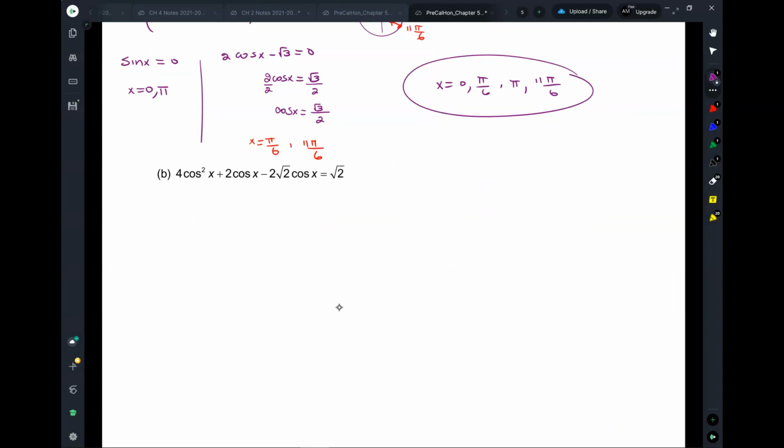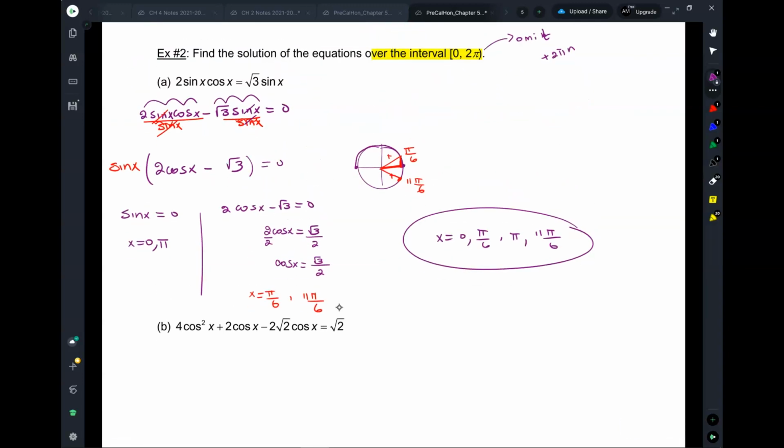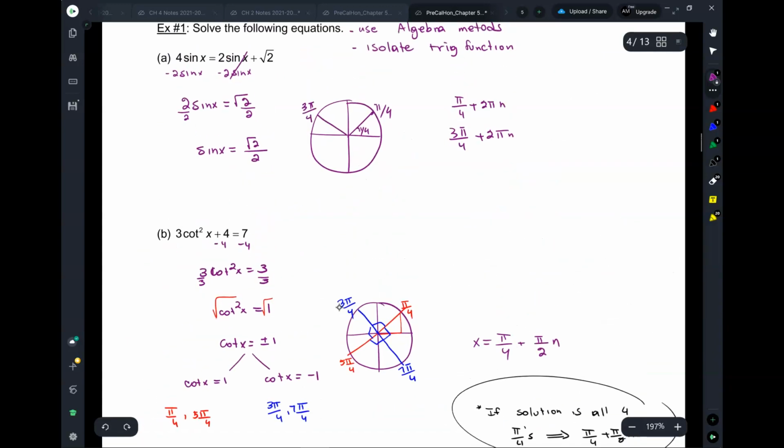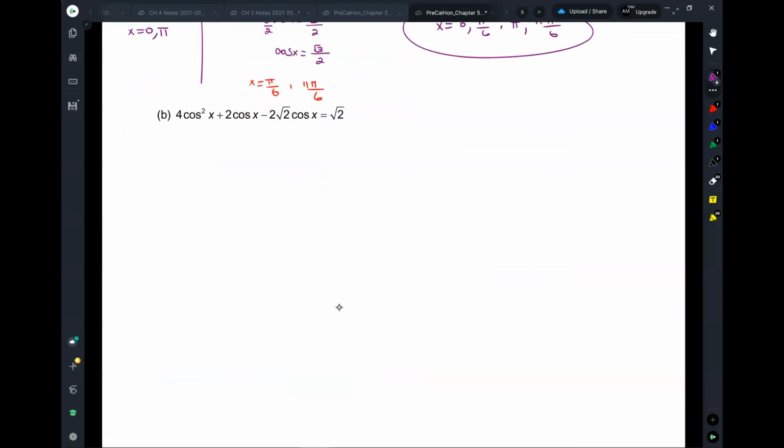Okay. Oh boy. So what we saw here was that when you have trig functions on either side, you always want to bring it to the same side, right? You want to bring everything to the same side and set it equal to 0. Well, here too, bring everything to the same side and set it equal to 0.